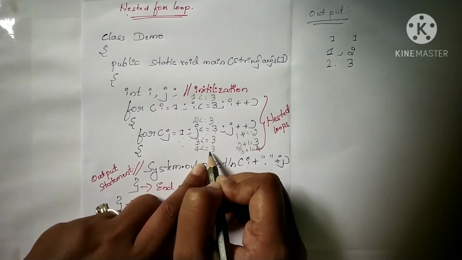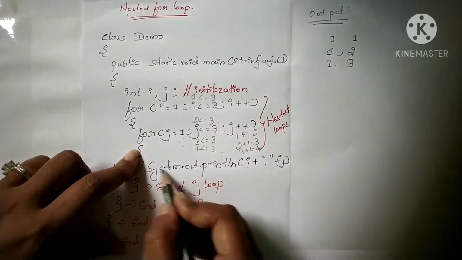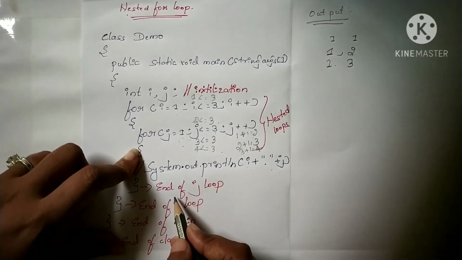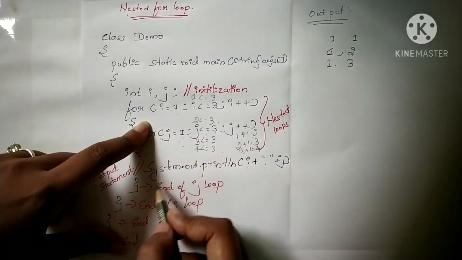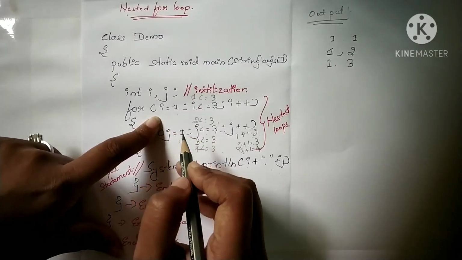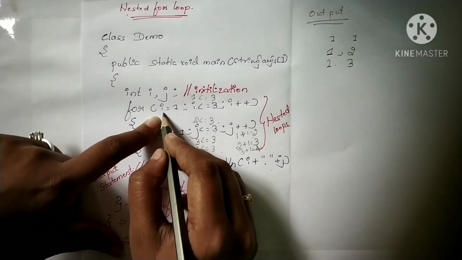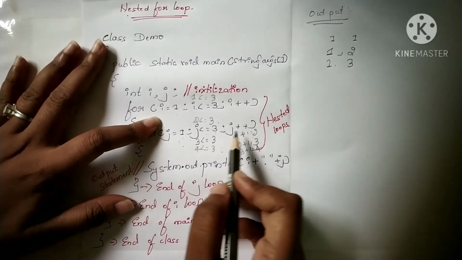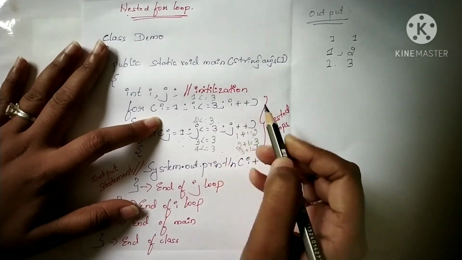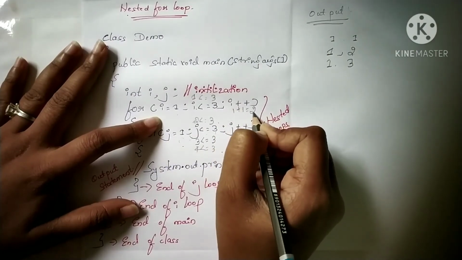The condition becomes false. Then the j loop comes out to the i loop, that is the outer loop. Again we check the condition. If it is false, then i will be incremented with i plus 1, that is 2.